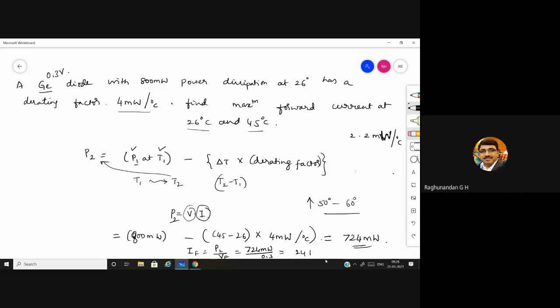So it's milli or ampere? Milliampere. Okay, so this is the current which you obtained. So this is the maximum forward current.